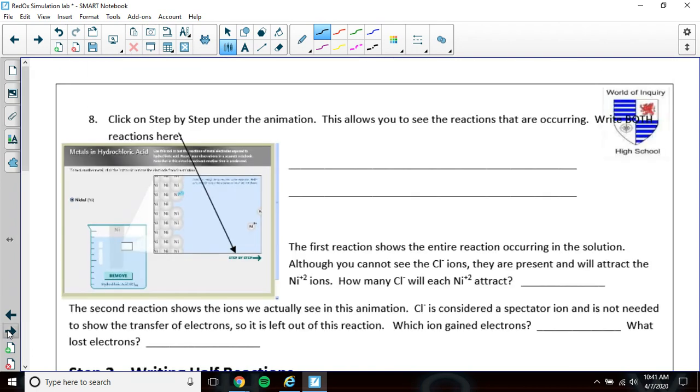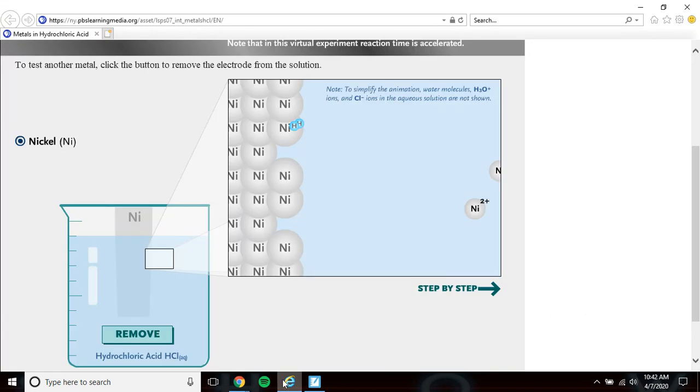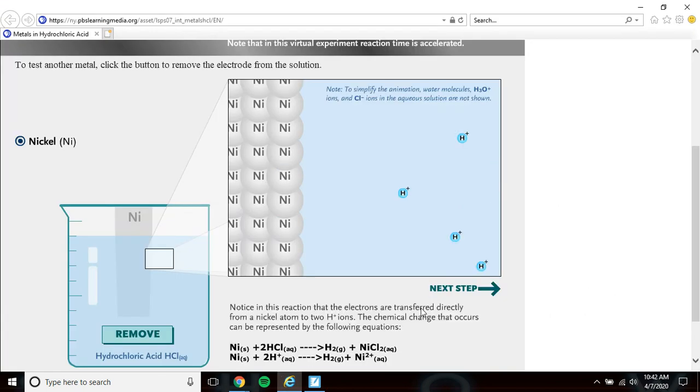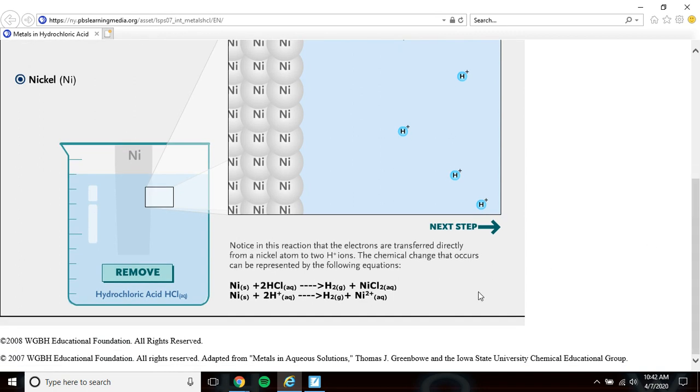Now we get to go back into these. Click on step by step under the animation for nickel. This allows you to see both reactions that are occurring. I'm going to go to nickel, hit step by step, and here are both reactions. What I need you to do is write those down in the space on page 3, number 8.